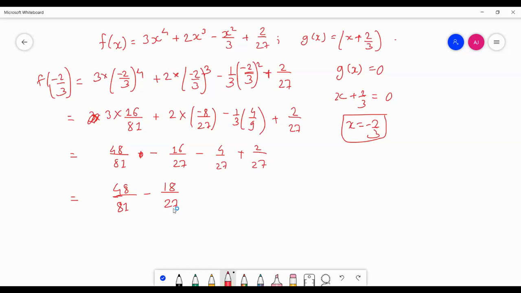We will make the denominator the same. Already the first denominator is 81. We will multiply the second by 3 and 3. So it will become 48 by 81 minus 18 threes are 54 by 81. So it will become 48 minus 54, which is minus 6 by 81. And the final answer: 3 twos are 6 and 3 27s are 81. So the remainder when we divide f(x) by g(x) will be -2 by 27.